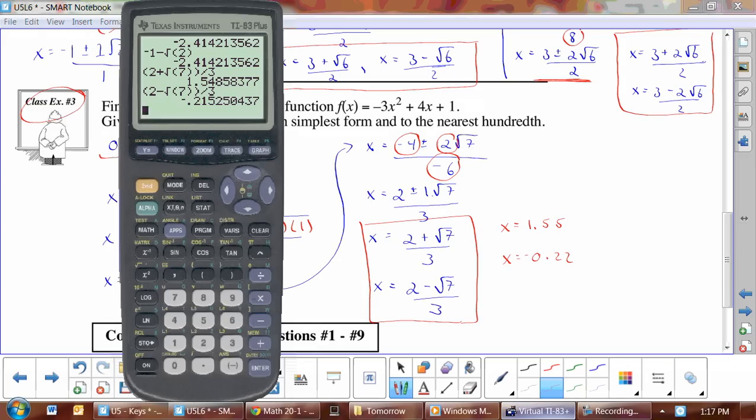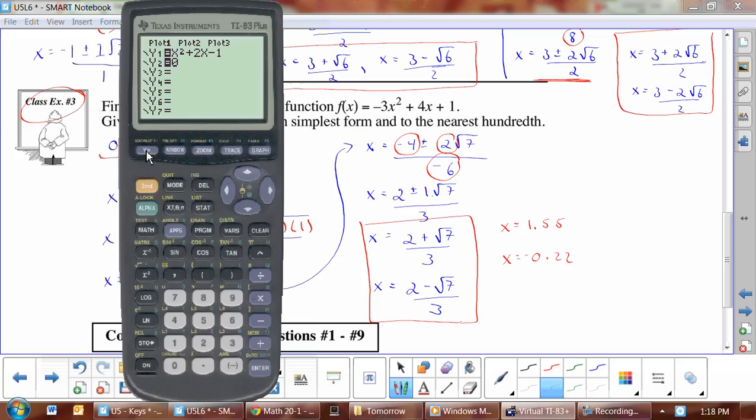Okay? So because they ask for you to also say it in the nearest hundredth, that means they also want it in decimal. So, can someone tell me how else I would find out what it could be in decimal form? Exactly.